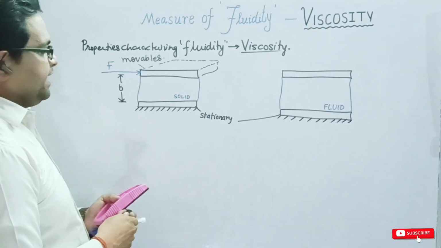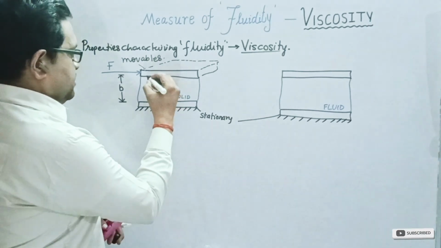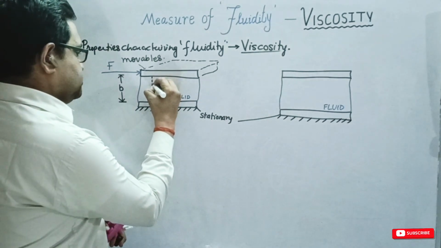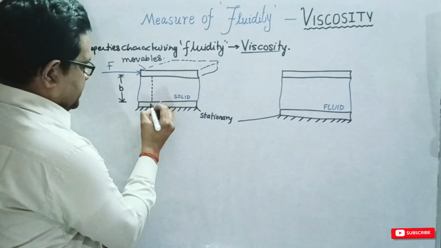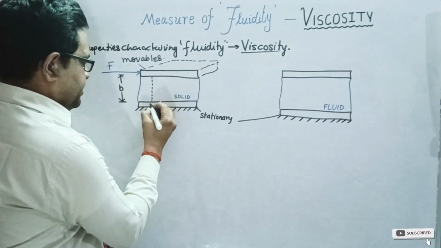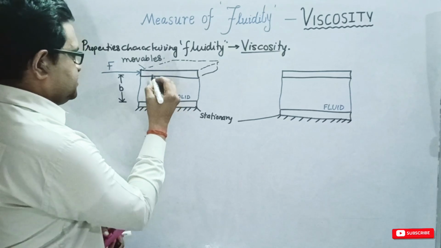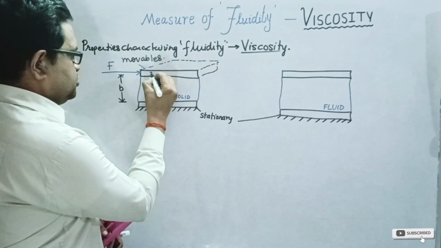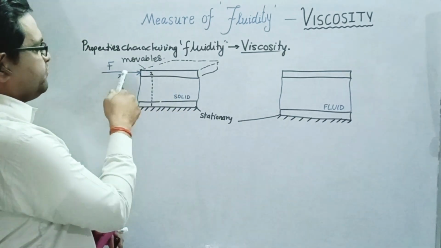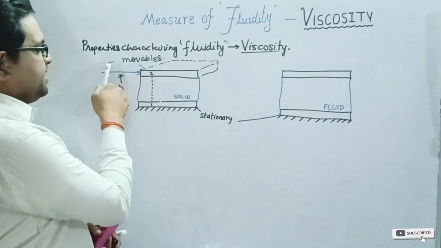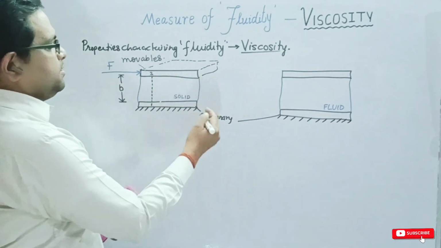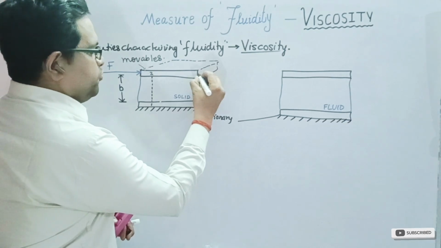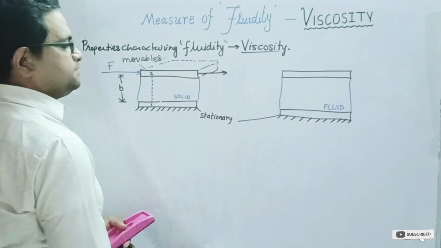Let us say that at any instant of time, the solid body is represented by this dotted line. Let us say that this is 1 and this is 2. What will happen when a horizontal force F is applied on the above plate? Obviously, the above plate will move like this.